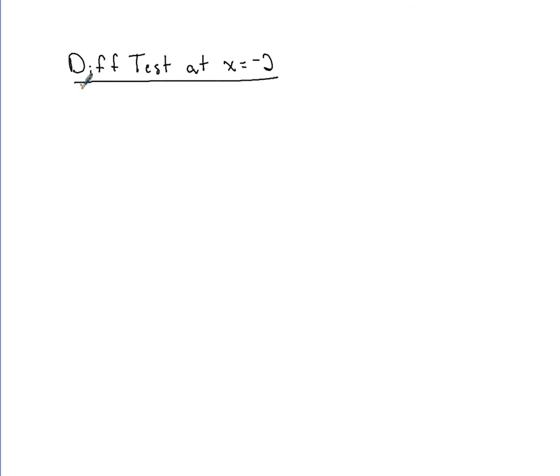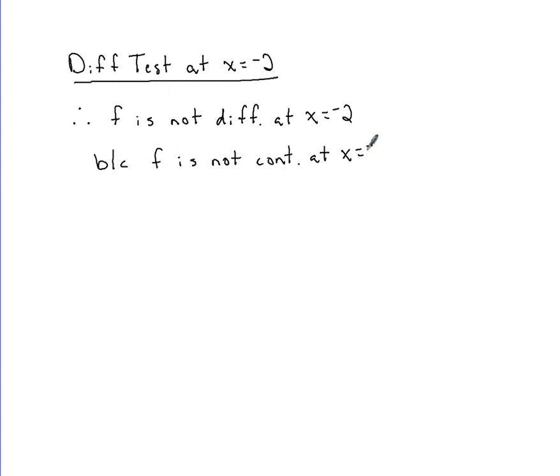So since we found it was not continuous at x equals -2, we just slap a little therefore statement on this and say f is not differentiable at x equals -2 because f is not continuous at x equals -2. It's a pretty easy test to conduct on the differentiability side when you already know it's not continuous.